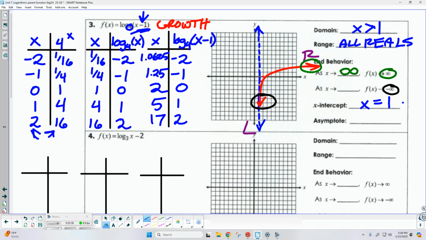But remember, the asymptote is now at x equals 1. So as we approach 1, the y values get smaller and smaller. Good. I didn't put the whole point there. I probably should. I think I put that in the wrong spot. That's okay. So the asymptote is x equals 1, and we got our y-intercept from the table here, so that would be (2, 0).